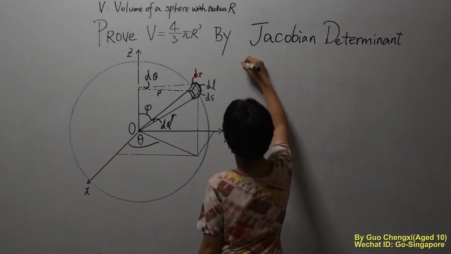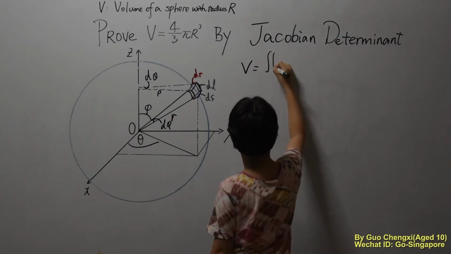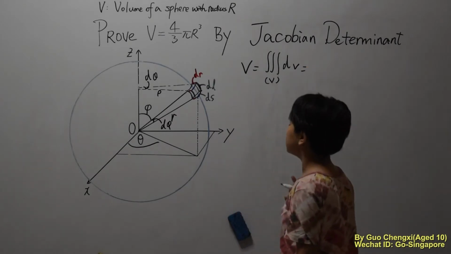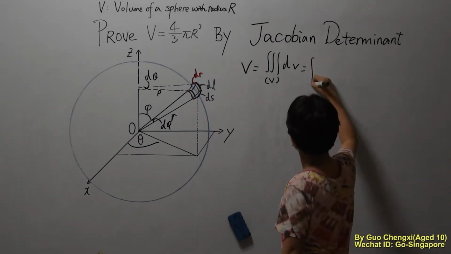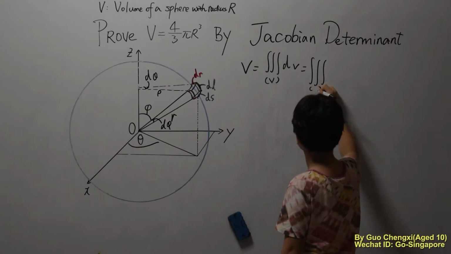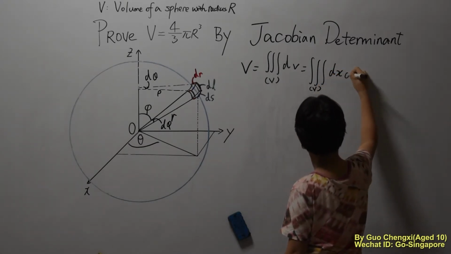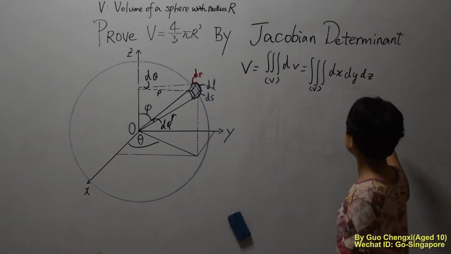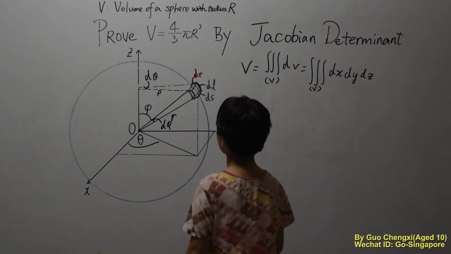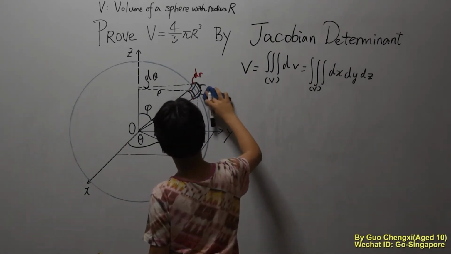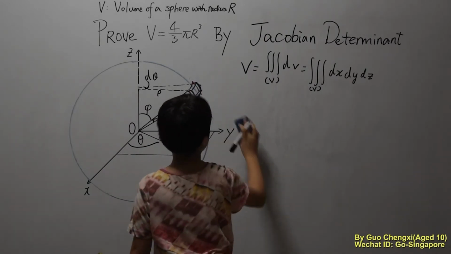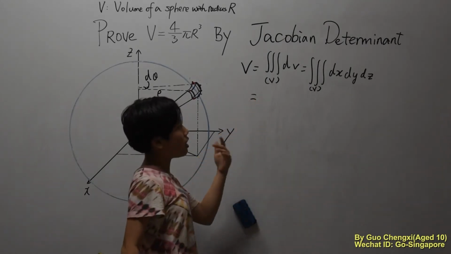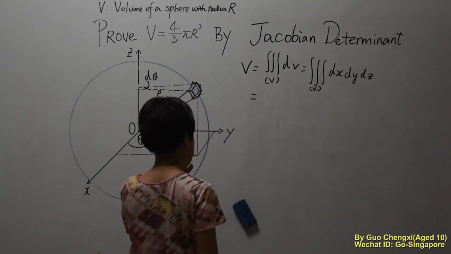Okay, so we all know this V is equal to the triple integral of dV, right? Last lesson we talked about this, and this lesson we'll be using it, so not this dS, dl, and dr. For this lesson, first of all, we have to find what x, y, and z are, obviously.